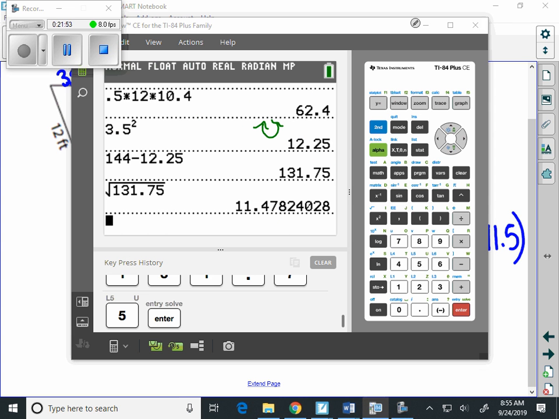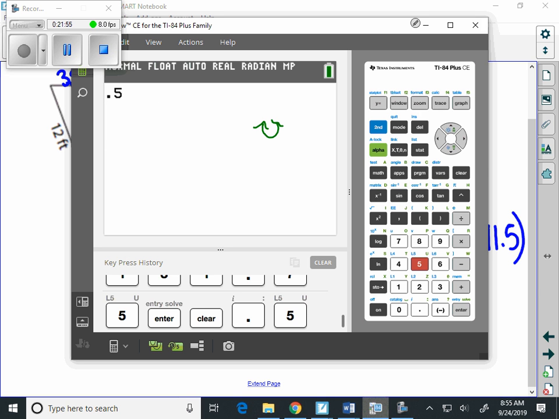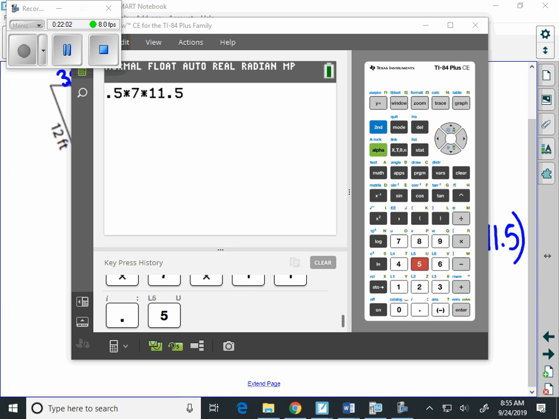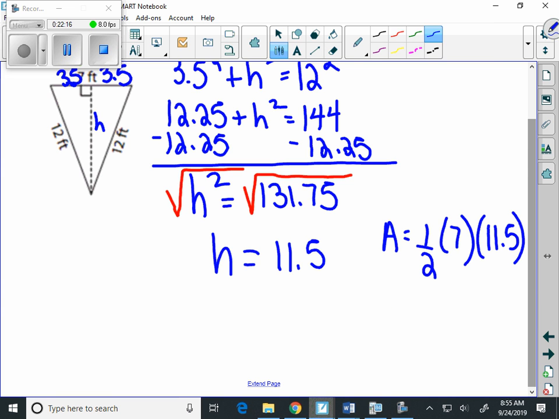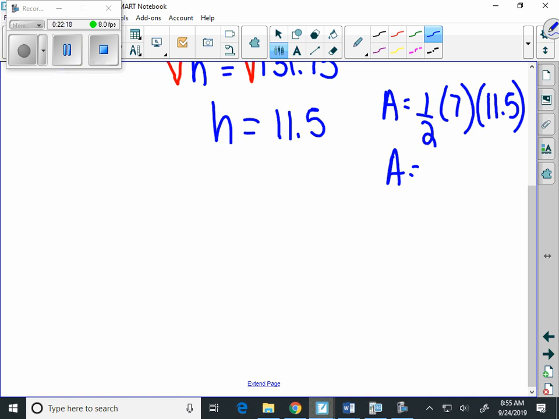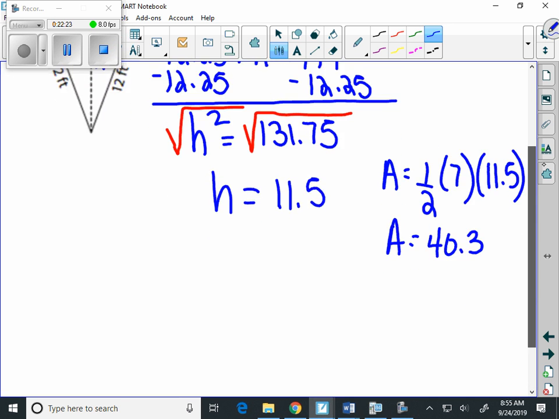So 0.5 times 7 times 11.5. And we get 40.25, which we want to round to the nearest tenth. So one last time, here the 5 is going to cause us to round our 2 up to 40.3. So our area equals 40.3, and our units on this one are feet squared.